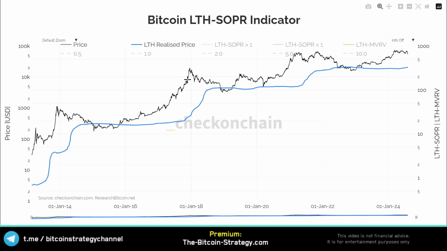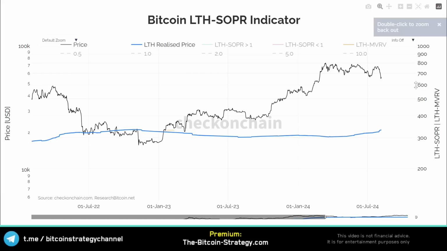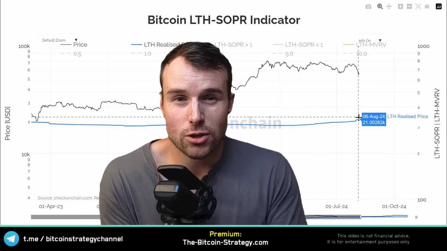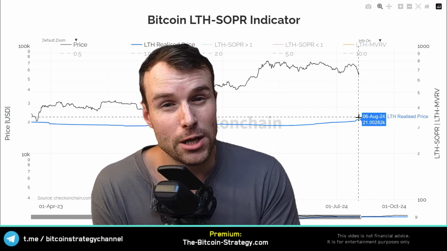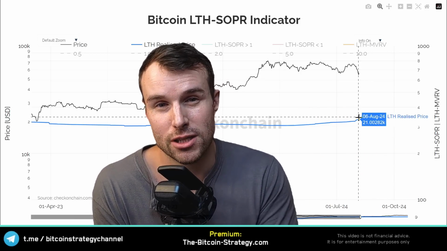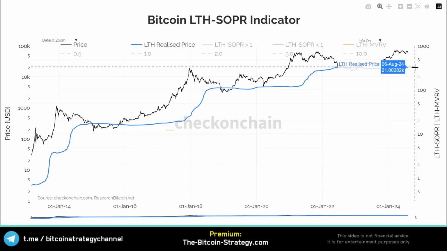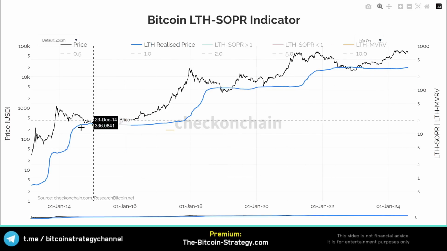And at the end of each bear market, we tended to fall even below that long-term holder realized price. And currently, that long-term holder realized price is at $21,000. So that is within what we have already seen in Bitcoin's history. $21,000 is the worst case according to this chart.